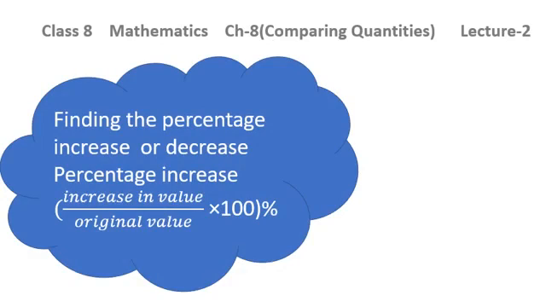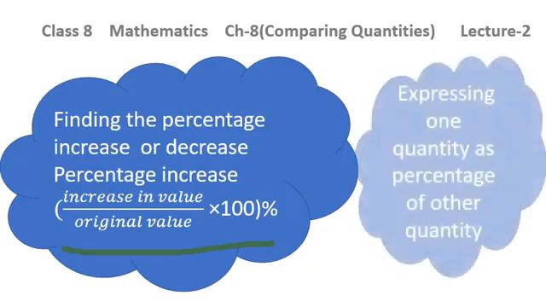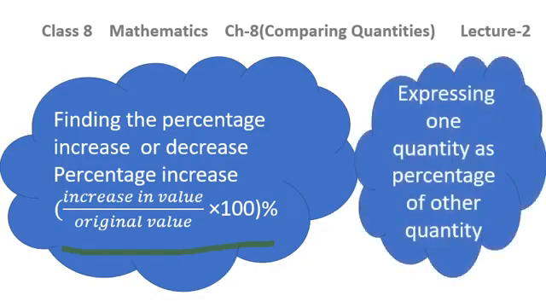Percentage increase is given by increase in value over original value into 100%. For percentage decrease, you take decrease in value over original value into 100%. Then we learned how to express one quantity as a percentage of the other quantity.